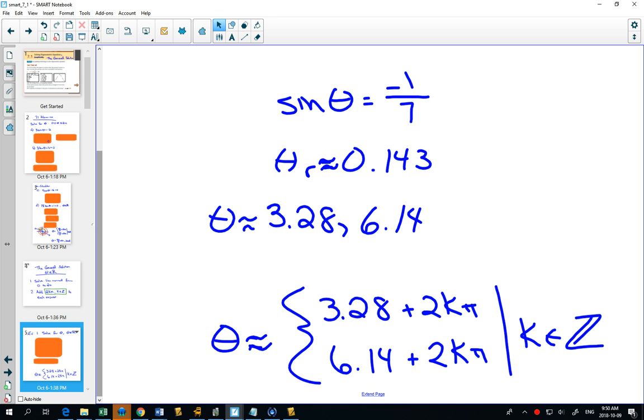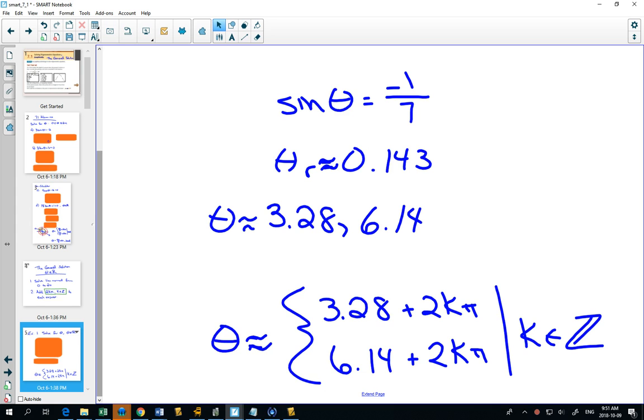Then once you get your answers between 0 and 2 pi, you list them and add 2k pi, because that's like saying those are all the coterminal angles that exist forever. And then you have the general solution, which has every single angle that's possible.